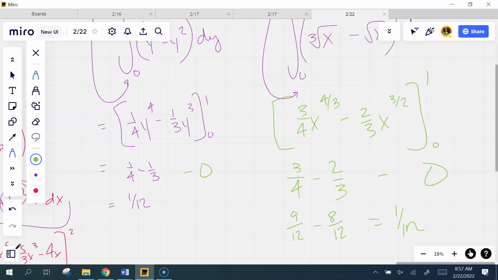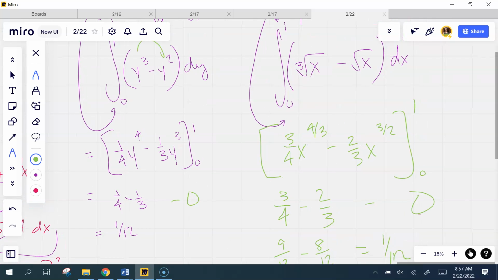I subtracted 1/4 from 1/3. So 1/3, and then I got negative. Yes. Because we're doing it with y, it's not top minus bottom, it's right minus left.